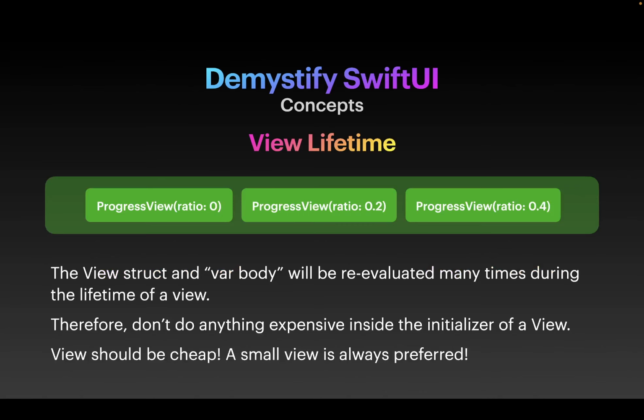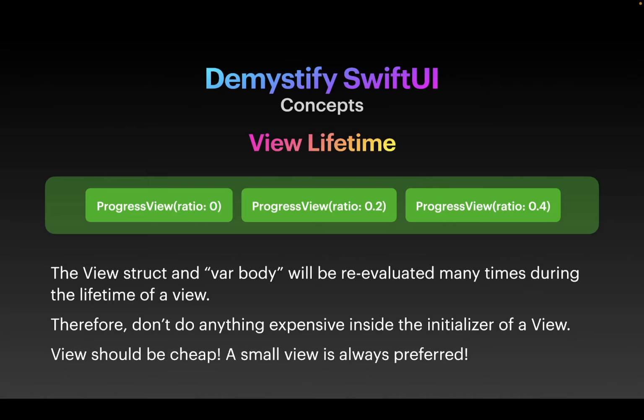Now, let's go back and take a look at this lifetime thing. You can see the view struct, in this case, is a progress view struct. And the var body, still remember the var body? If you want to define some view, you have to have a var body. It will be reevaluated many times during the lifetime of one view.